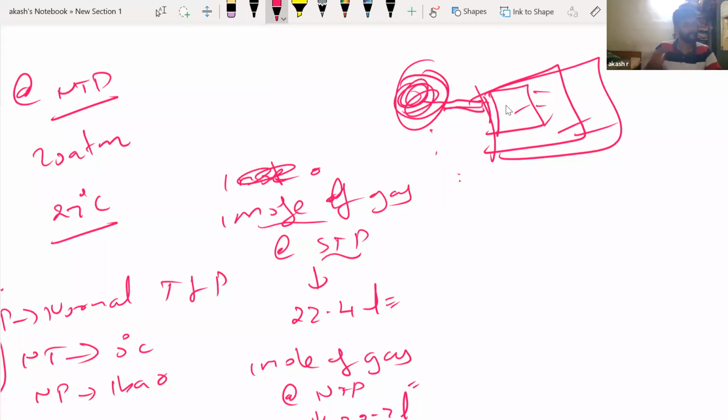They're asking how many balloons can be filled with the help of this container. This much gas, this much volume is there. This is the gist of the question. Now you can try to solve it, and eventually I'm going to help you out.